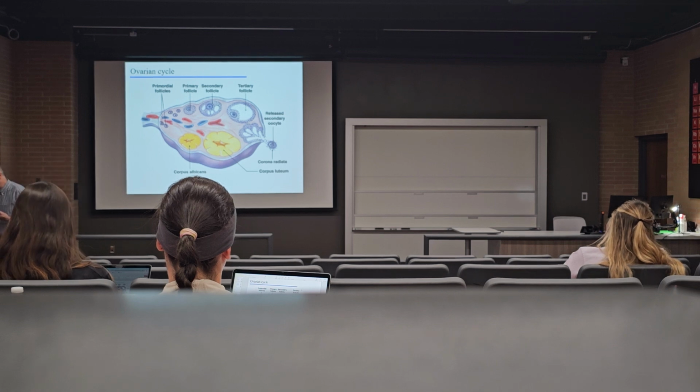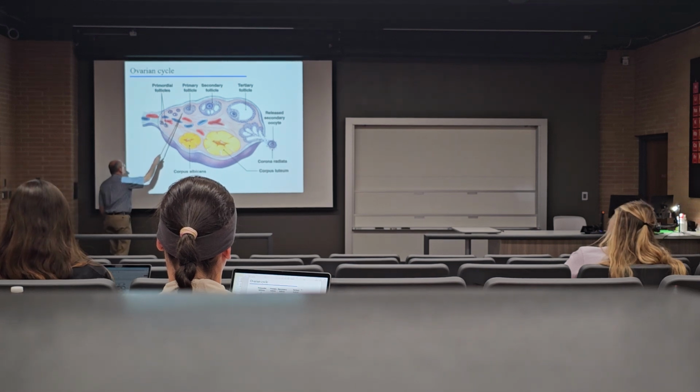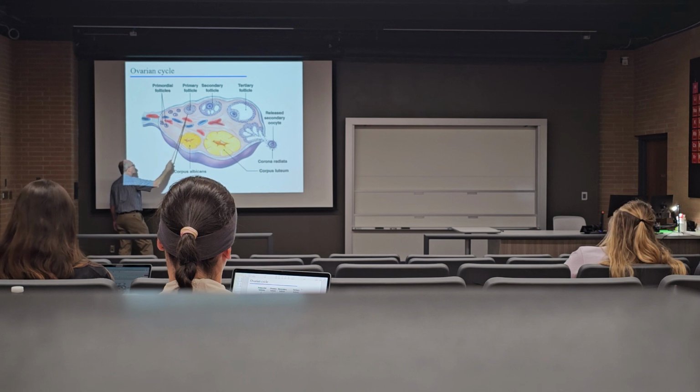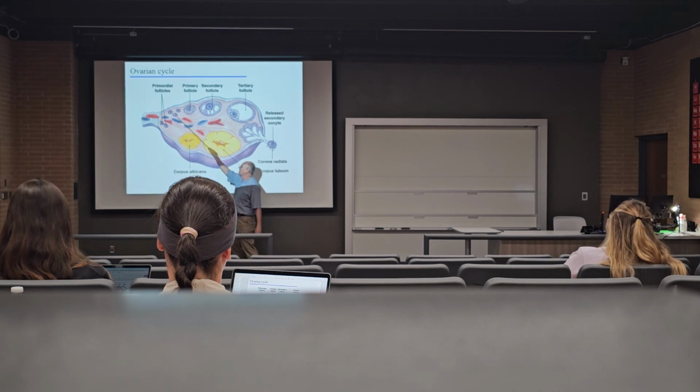Again, at the beginning of the cycle, we see FSH coming up, and that causes some of these follicles to start to grow and develop and turn into what is known as a primary follicle. That primary follicle, how we know it's not a primordial follicle, is because the follicular walls are thickening quite a bit, and they expand.